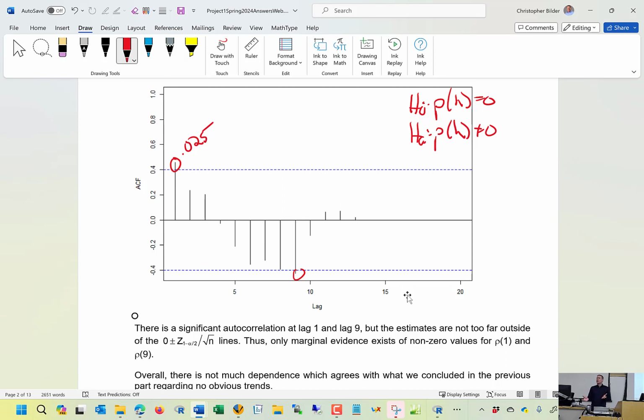And I would say don't reject in that case. And so rather than saying, yes, indeed, there is sufficient evidence to indicate the autocorrelation at lag 1 does not equal 0, what you should say instead is something like there's moderate evidence, there's marginal evidence that the autocorrelation does not equal 0.